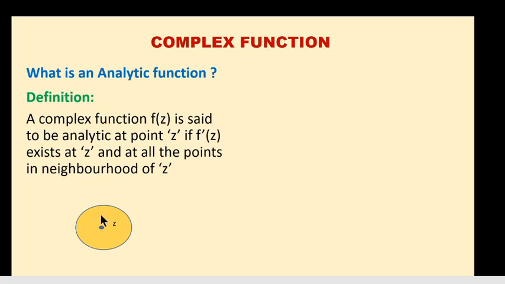Here our derivative function f dash of z should exist at all the points in the neighborhood of z. So a function f of z is analytic if f dash z exists at this point z and it exists at all the points in the neighborhood of z.